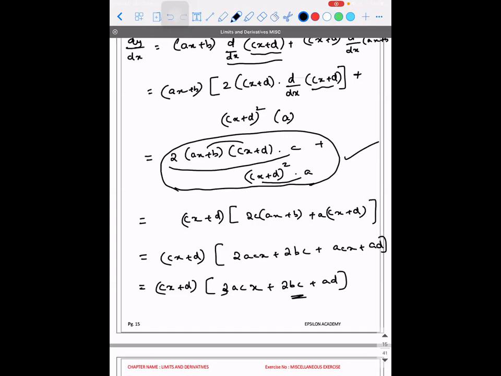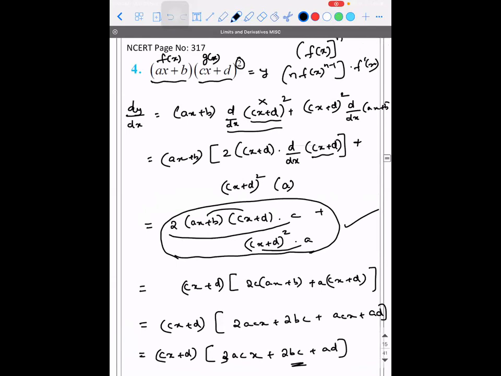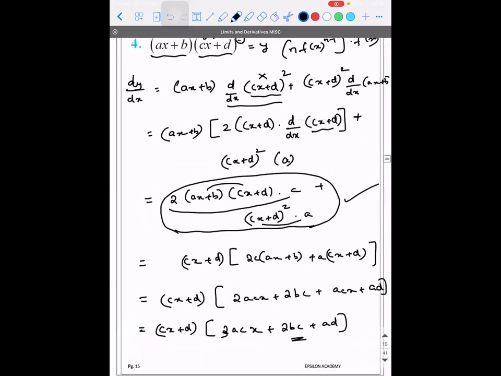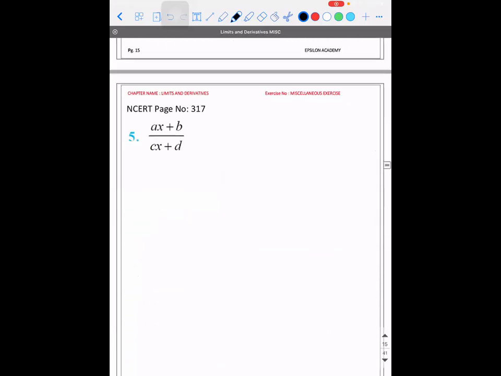So generally for differentiation and all, your teacher will have different options. Okay. Shall I proceed? Yes, sir.